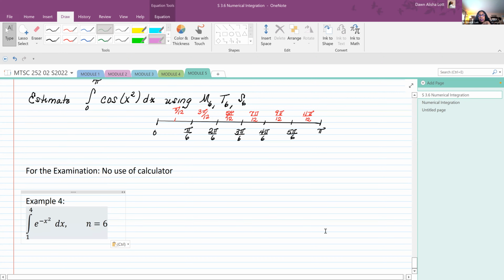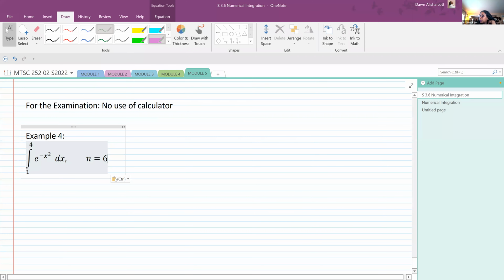Compute this using M6. Let's just say using the trapezoidal rule.